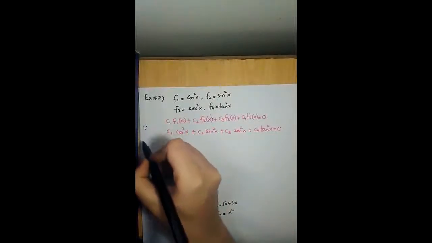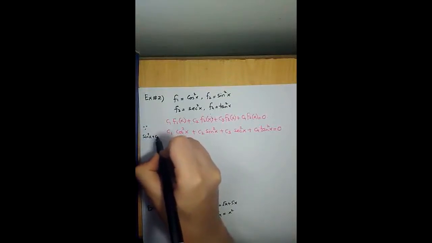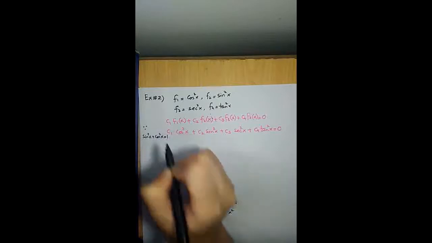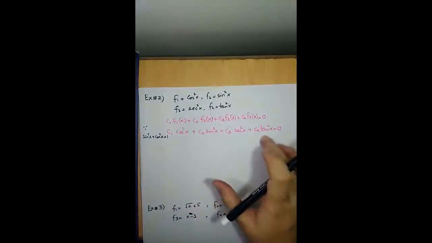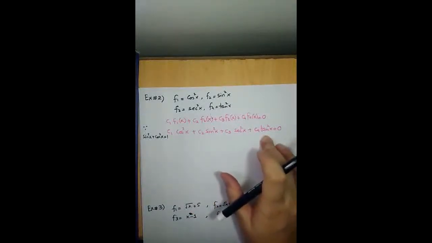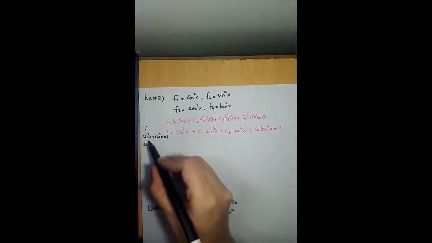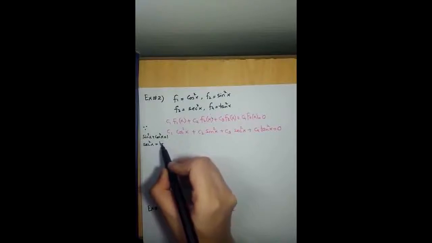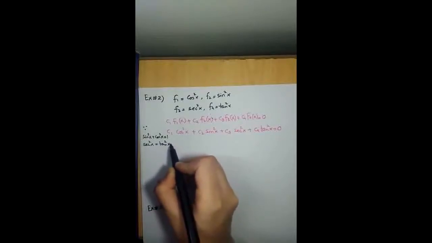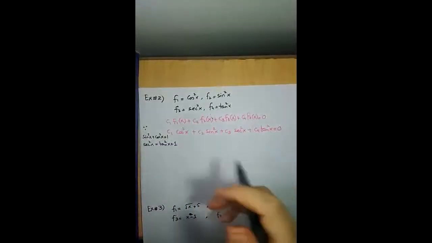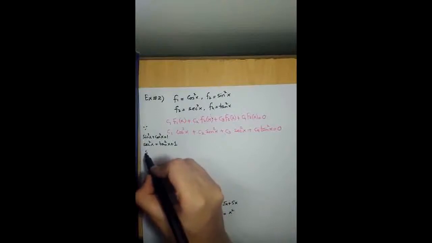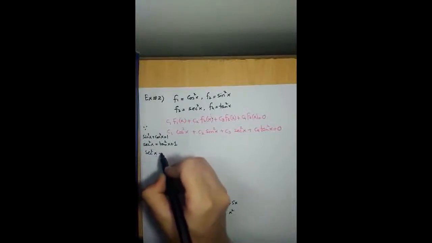So here I am writing the identity, sine square plus cos square equals 1, and in this c3 c4 I can use the identity secant square x equals 1 plus tangent square x, or secant square x minus tangent square x equals 1.